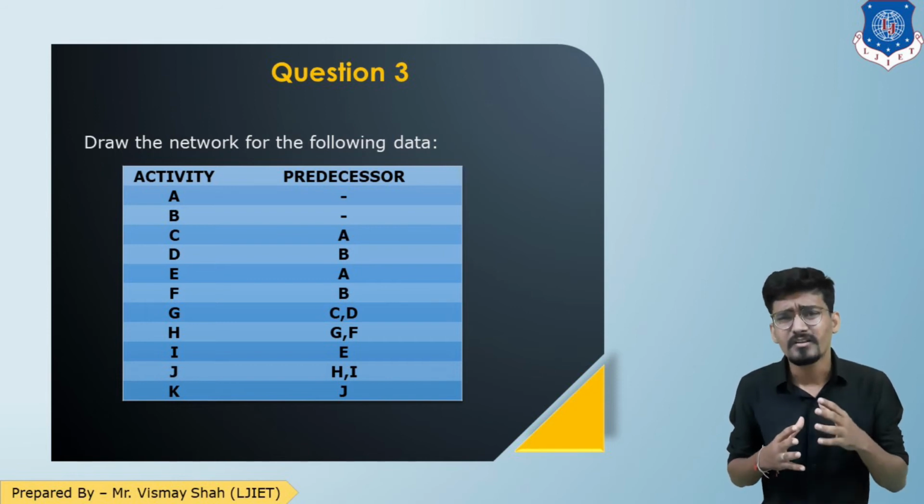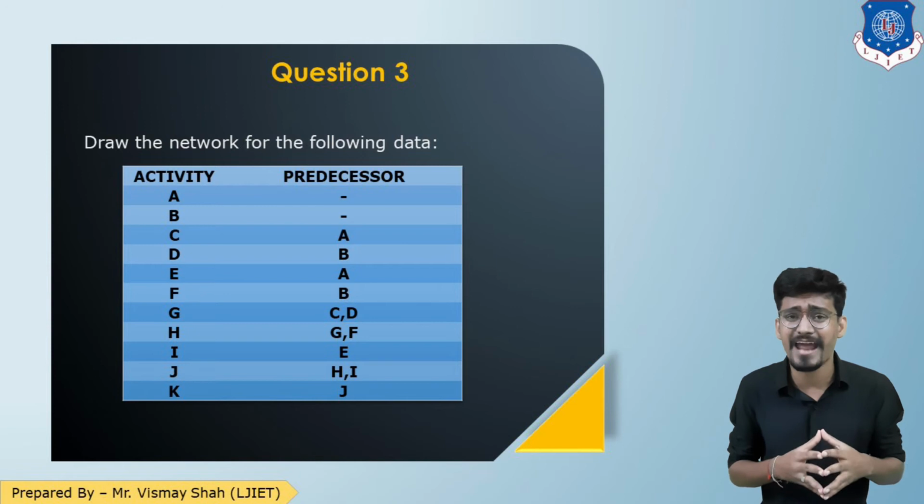Now the predecessors are given as follows. For activity A, there is no predecessor. For activity B, there is no predecessor.